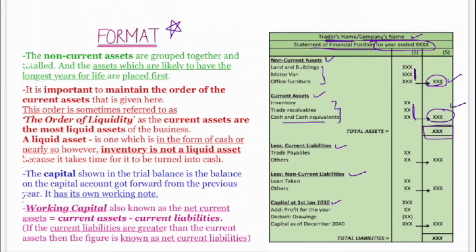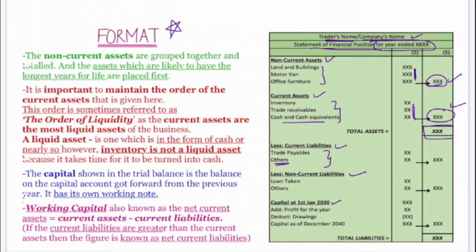Now see, there are two options. First, either you do this total liabilities part. If you do this, then you don't have to write this less and less. Or else, if you write this less and less, then you need not write this total liabilities. So current liabilities, examples trade payables and any other current liabilities that may be given in the question as an adjustment or in the trial balance.